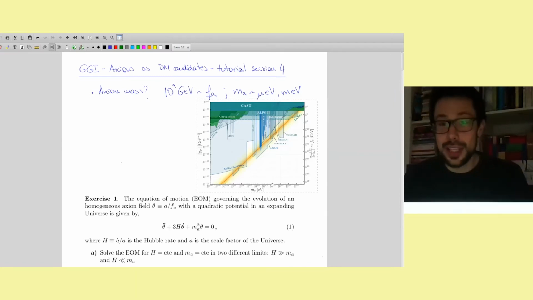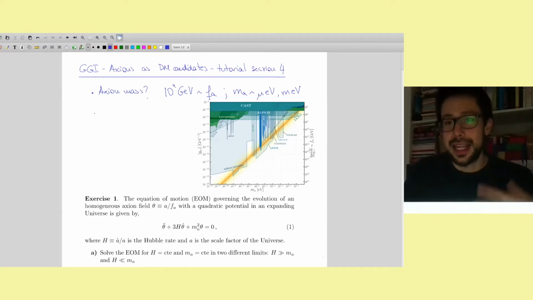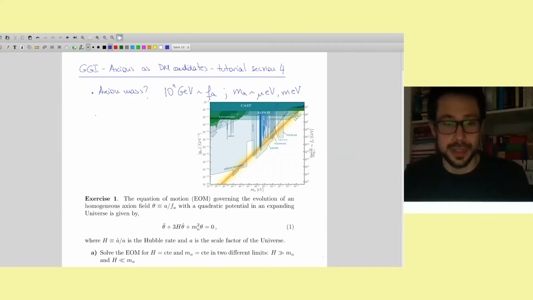However, we keep telling you that the axion is a good dark matter candidate. How come? The reason is the production mechanism. Typical dark matter candidates like the WIMP are thermally produced. This means that they were in thermal contact with the standard model, and then they freeze out, and we obtain a relic density of dark matter WIMPs.